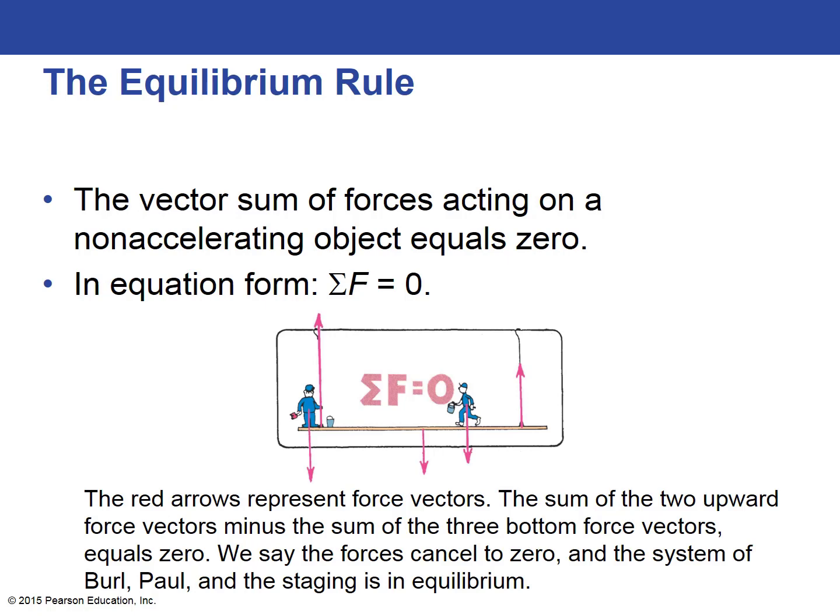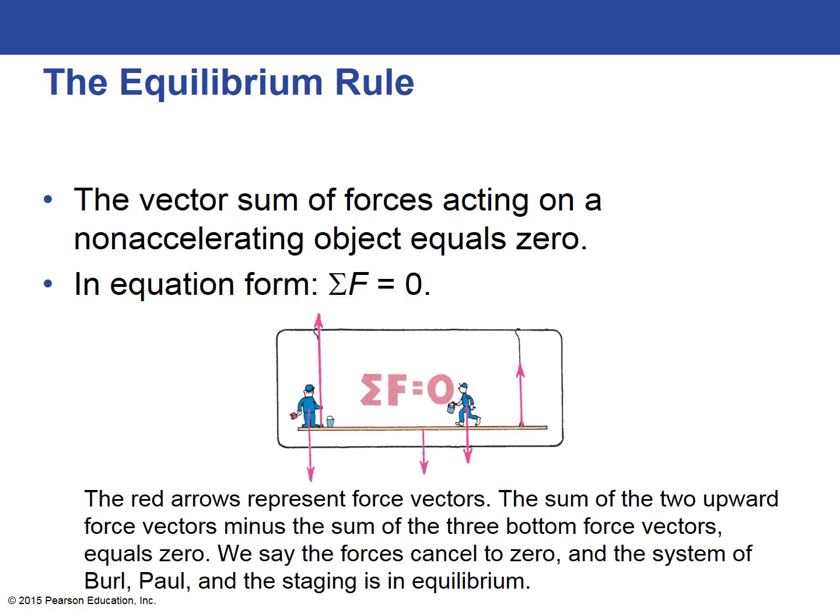Well, there are two upward forces that are provided by the tension in the rope, and those two forces will be supporting the painters and the plank, and they will be pointed in the upward direction. There are three forces in the downward direction.